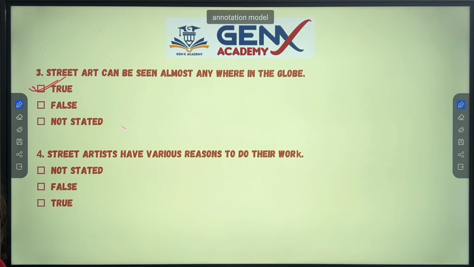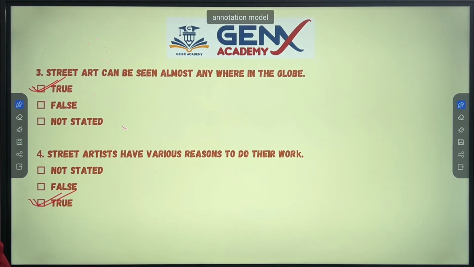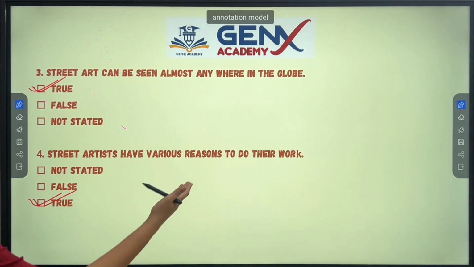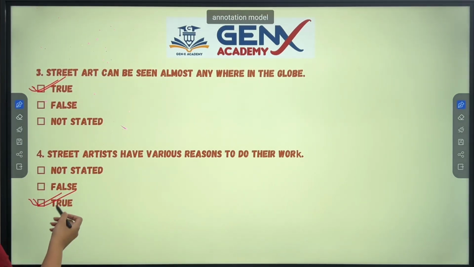Do they have various reasons to do their work? Yes, they do. So it's true. We have read in the passage that towards the end there were various reasons written, that taking revenge from corporations or giving their political opinions or doing something illegal. So there are various reasons for the street artists to do street art. So it's true.